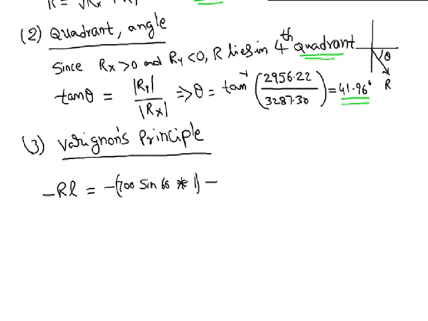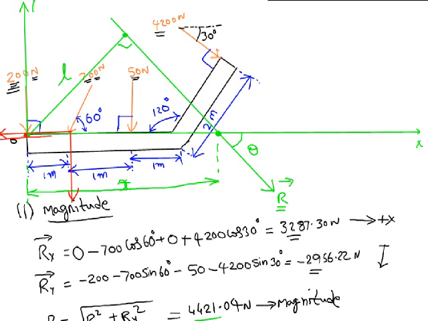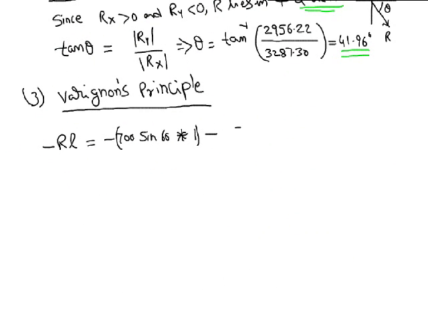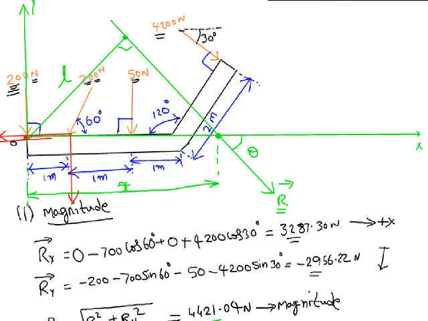Similarly, the moment due to the 50 Newton force is 50 multiplied by 2 with a negative sign, because that moment is again clockwise. The same way we can find the moment due to that 4200 Newton force by extending it here, and then noting that you have two components: one vertical, another horizontal.